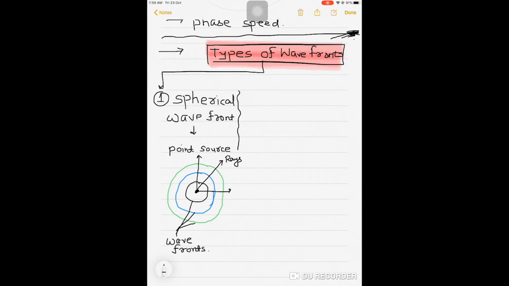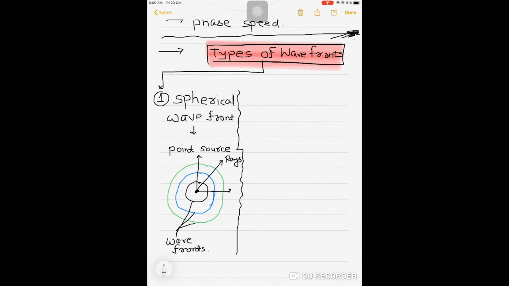So this is the example of a spherical wavefront. We can say that when the source is a point, the wavefronts are spherical in shape.